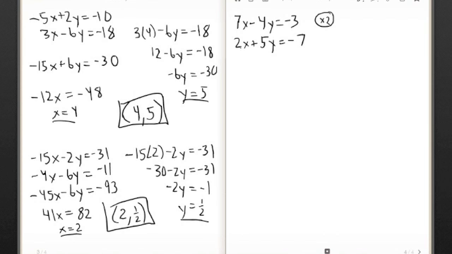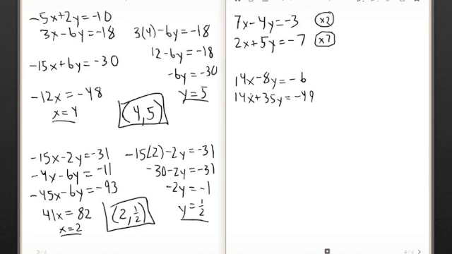And in order to get 14x in the second equation, we need to multiply everything there by 7. So now let's go ahead and do that. We will have in the first equation 14x minus 8y equals negative 6. And in the second one, 14x plus 35y equals negative 49.